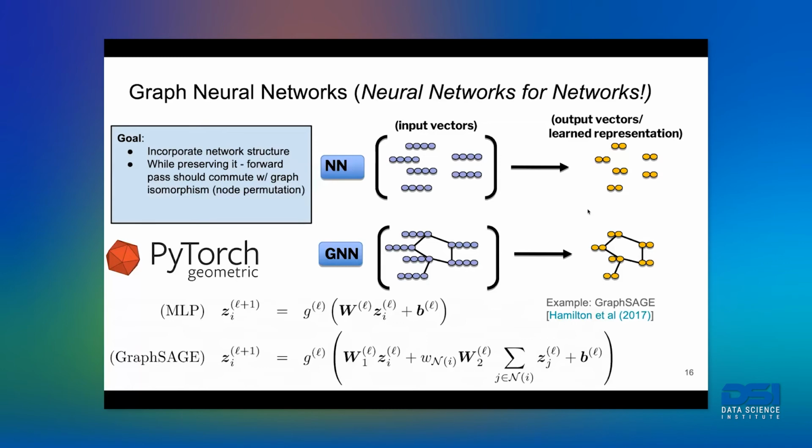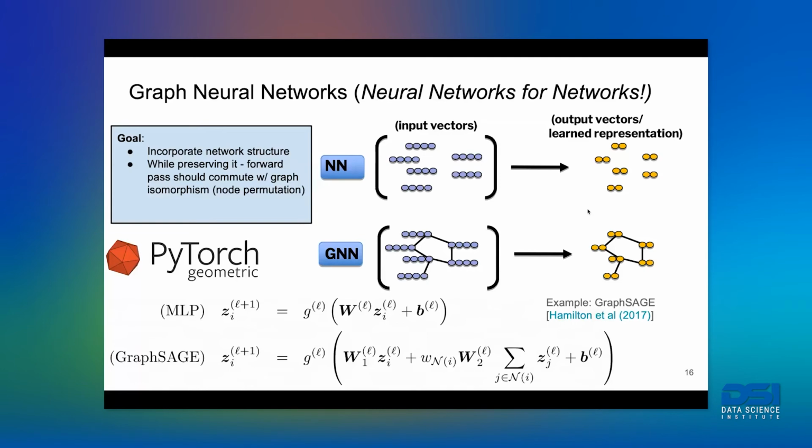Okay, so there's actually many ways of doing this, and it's a very active area of research right now. To show you just one example of how it might work that I think is really simple and clear, here in equations, I have two different approaches. One is multi-layer perceptron, which is just another name for the vanilla feed-forward network I had before, which is not a graph neural network. And then I have the GraphSAGE equation. This is from a paper by Hamilton and co-authors.